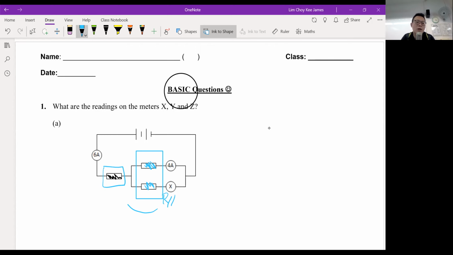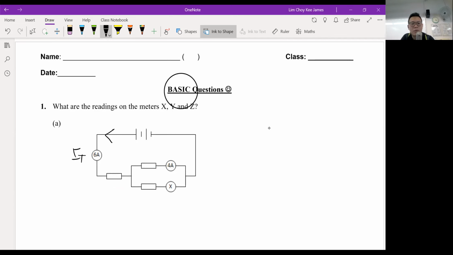When you look at a circuit, the first thing that should jump out at you is the arrangement of the resistances. For this question, we are looking at the current in the circuit, the current coming out from the battery, which is IT.